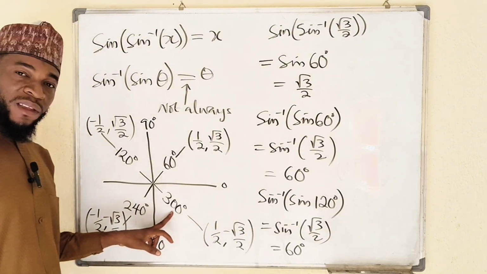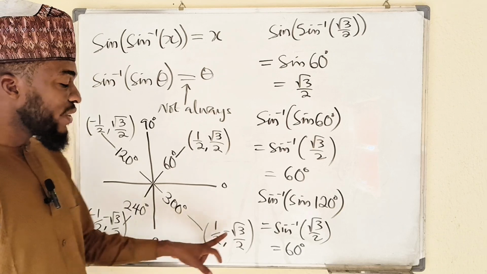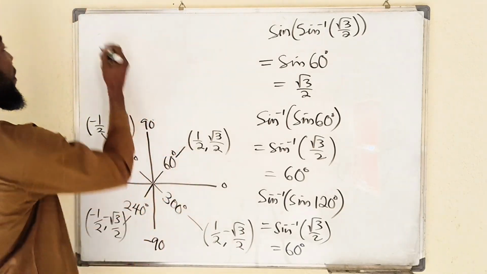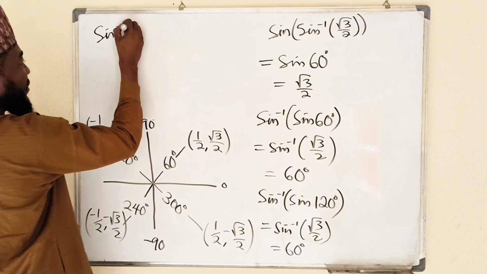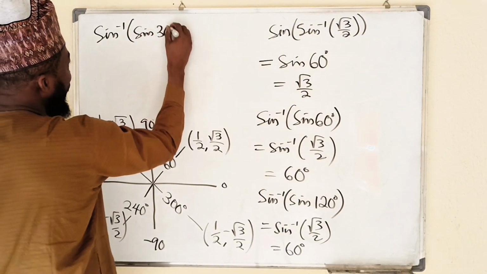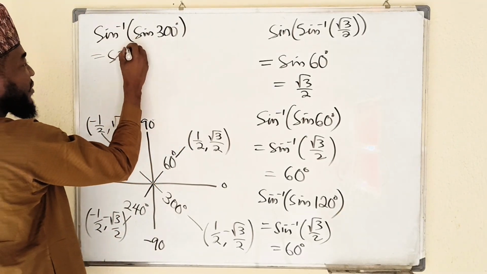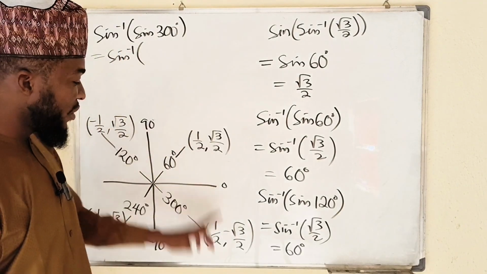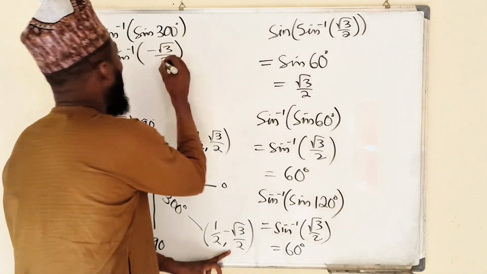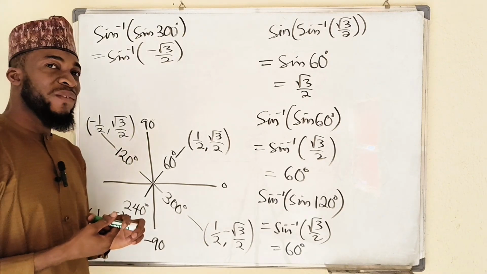Likewise, if we use 300 degrees, sine of 300 degrees is equal to negative root 3 divided by 2. Sine inverse of sine of 300 degrees is sine inverse of negative root 3 divided by 2. But what is sine inverse of negative root 3 divided by 2?